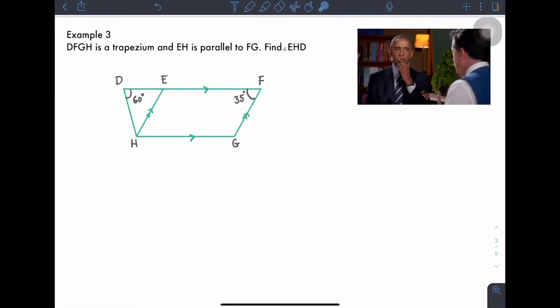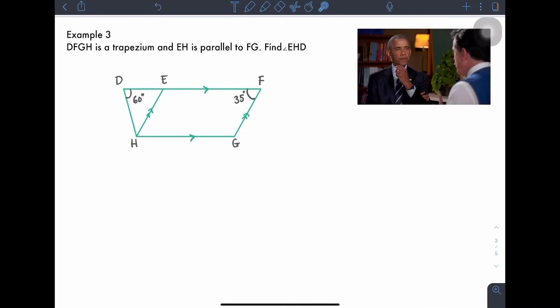properties. If you notice, this is a parallelogram, so we might be applying parallelogram properties. If you still remember, the parallelogram property is that this angle plus this angle gives 180. This angle plus this angle gives 180.